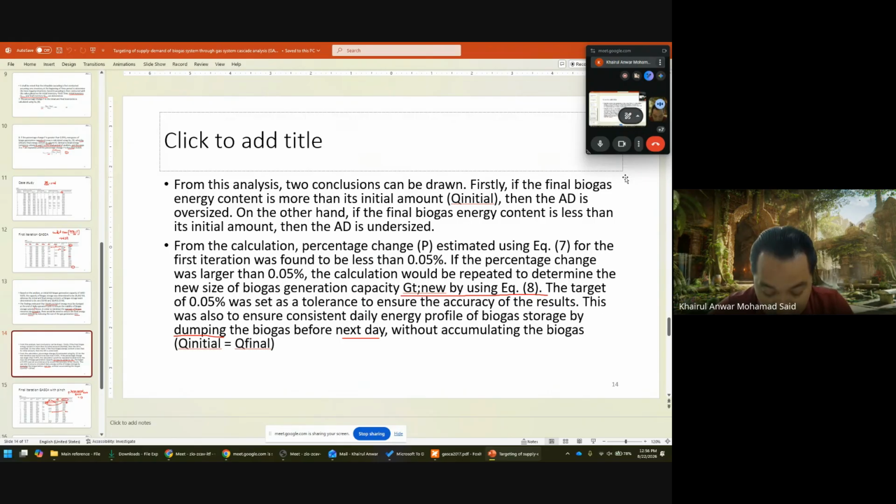From this analysis, based on the initial iteration, two conclusions can be drawn. Firstly, if the final gas content is more than the initial amount, the Q initial, then the AD is oversized.